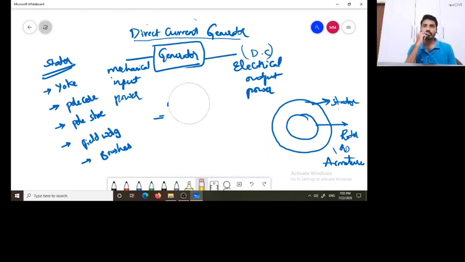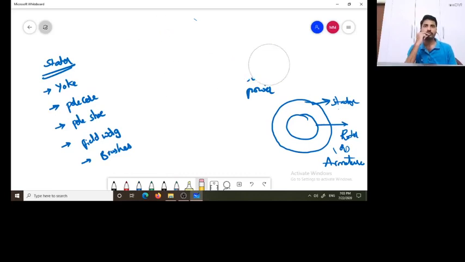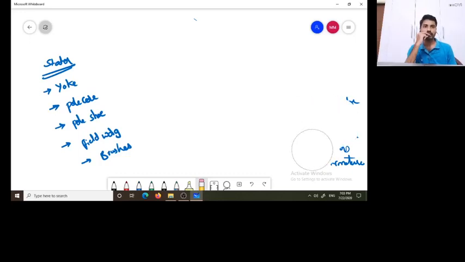As we know, the yoke is the outer core of a machine. It protects all the inner parts of the machine. It is made up of a low reluctance material. Why low reluctance?